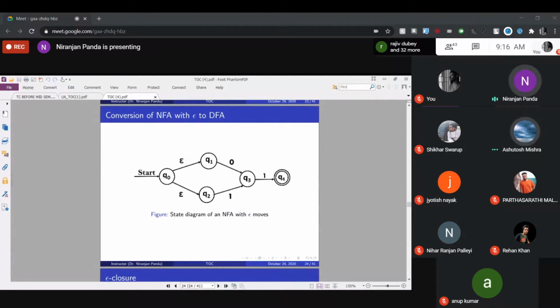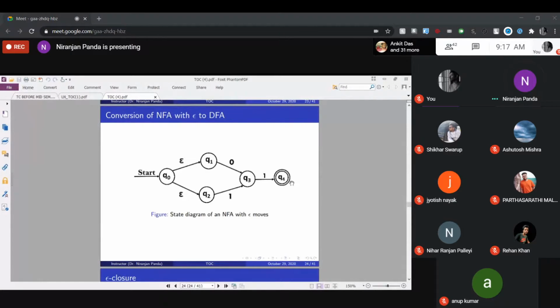In a DFA, epsilon transitions are not allowed, it is possible only with a single input. This has an epsilon transition from Q0 to Q1, hence it is an NFA with epsilon transition.